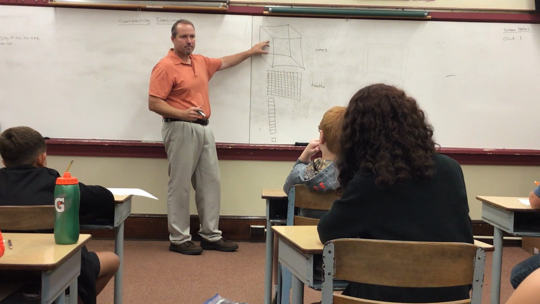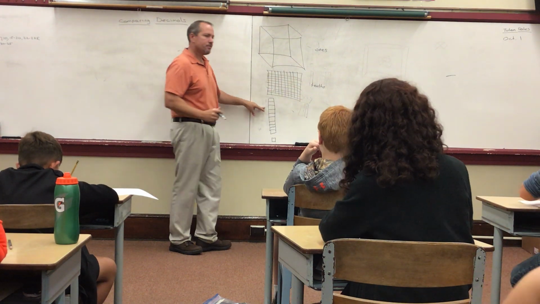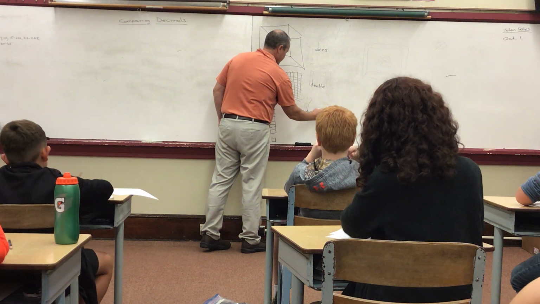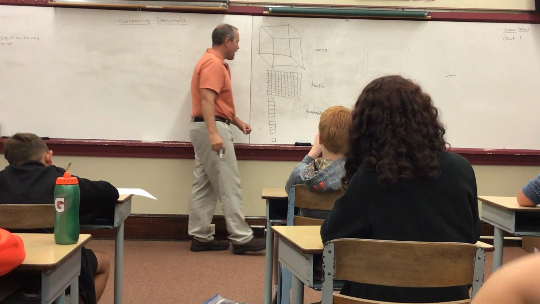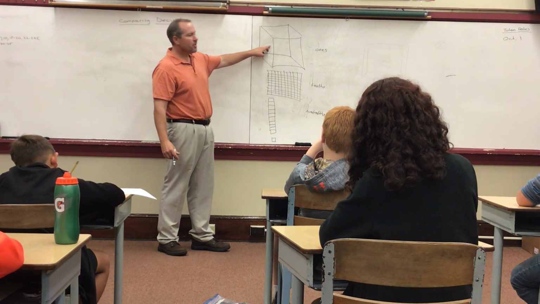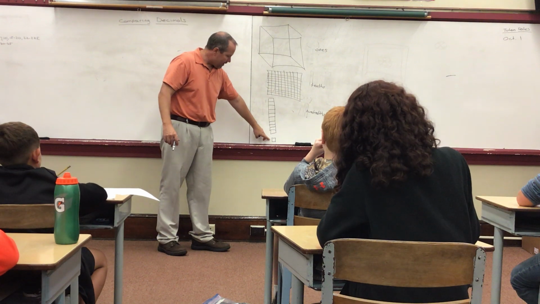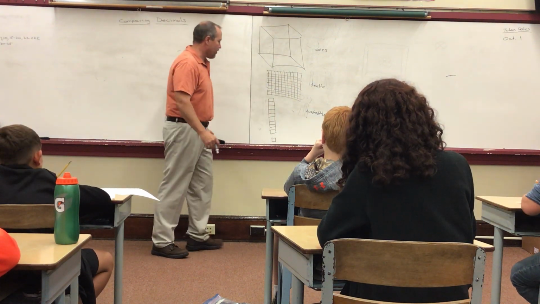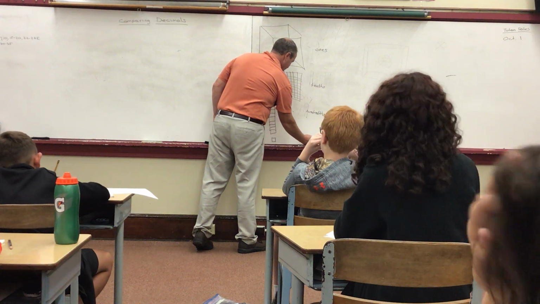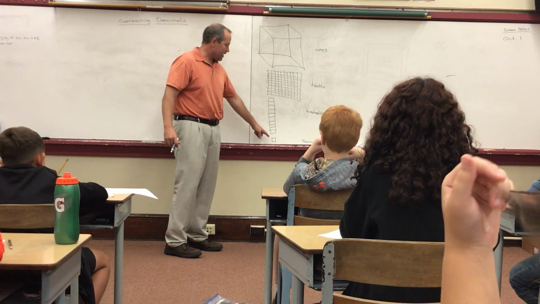If this is the ones and these are the tenths, then this would be the hundredths, because once again, it would take 100 of these to equal one of those. And then this little one down here would represent the thousandths, because it would take 1,000 of these little ones to equal one of the whole ones.